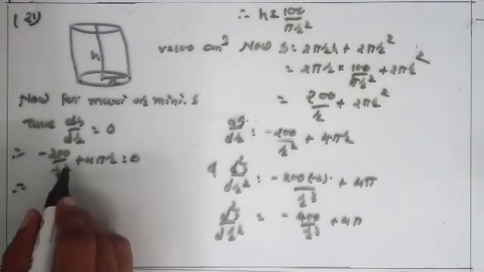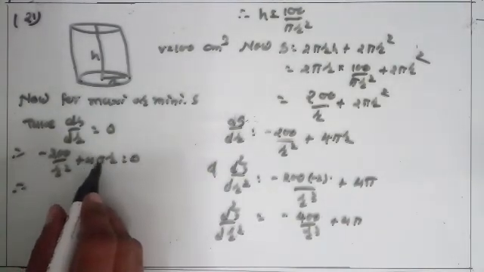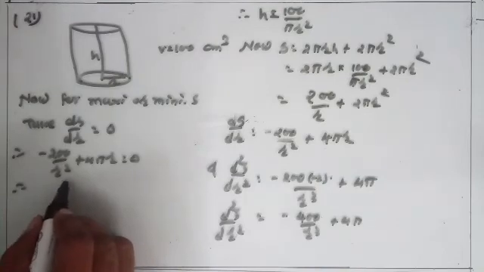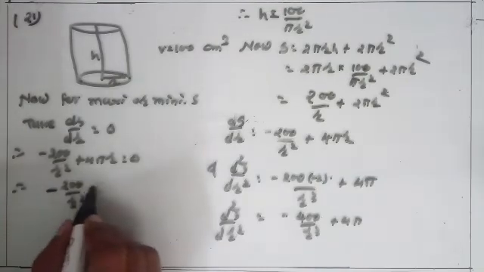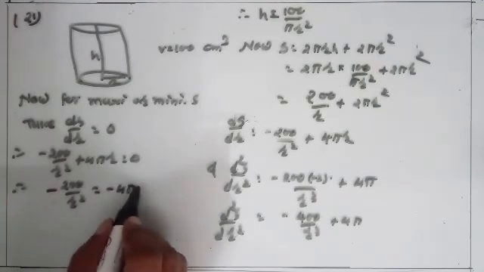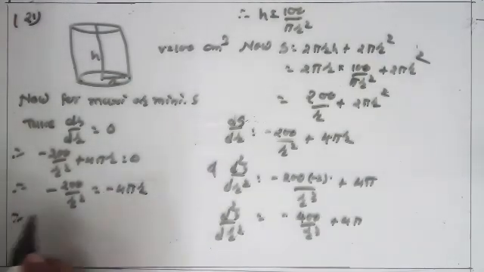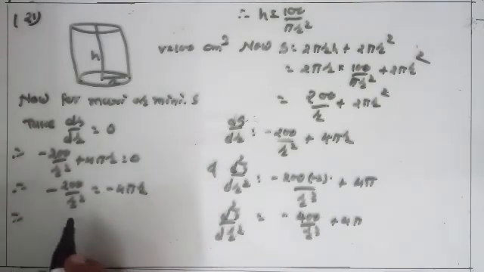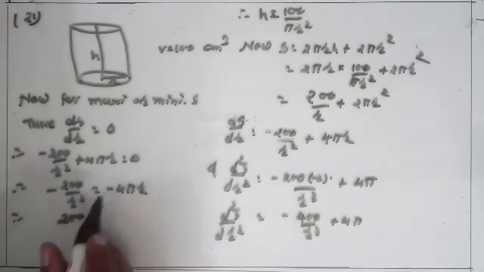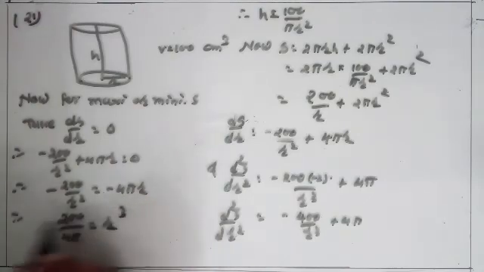Therefore 200 upon r square is equal to 4 pi r. Therefore r square take this side and 4 pi take this side, so we get 200 upon 4 pi is equal to r raised to 3. Clear?